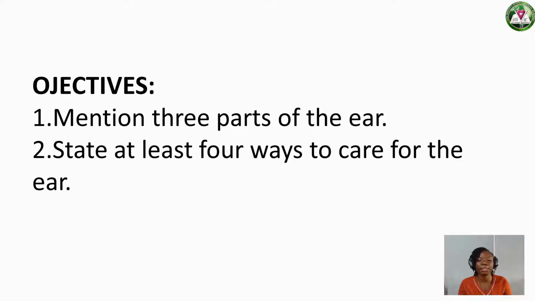State at least 4 ways to care for the ear. Number 1 objective is that you should be able to mention 3 parts of the ear. And number 2 is state at least 4 ways to care for the ear.